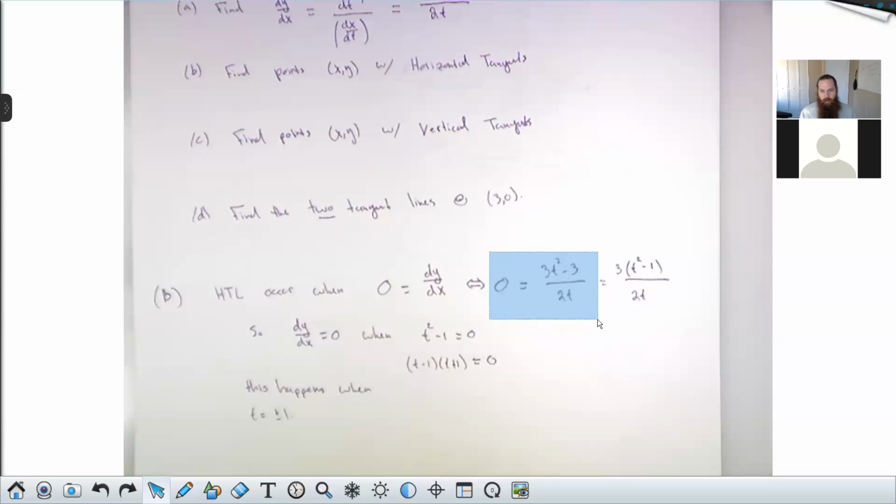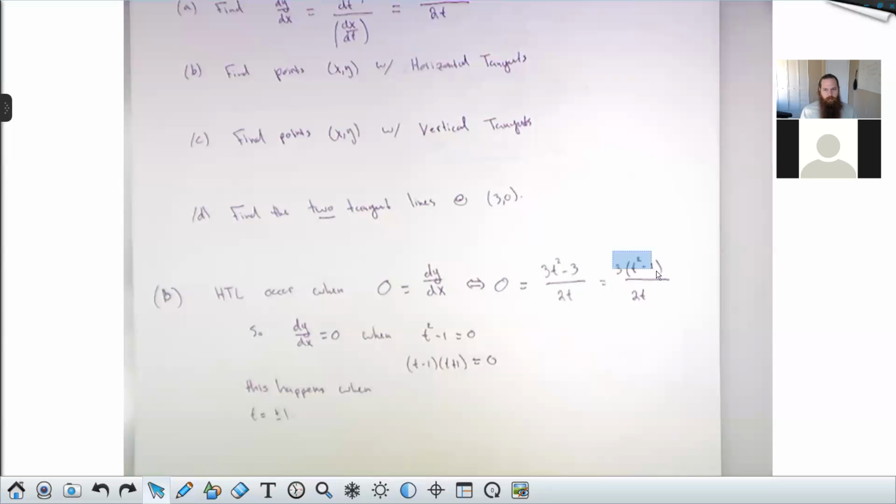Now, it may have been a while, so I'll remind you, a rational expression like this is equal to 0, provided the top is equal to 0, and the bottom is not equal to 0. It's important, that last bit. If the top and bottom are both equal to 0 at the same time, then you need to dig in with limits and investigate. But if the top is 0 and the bottom is not 0, then you can be confident that this fraction, which is dy dx, is 0.